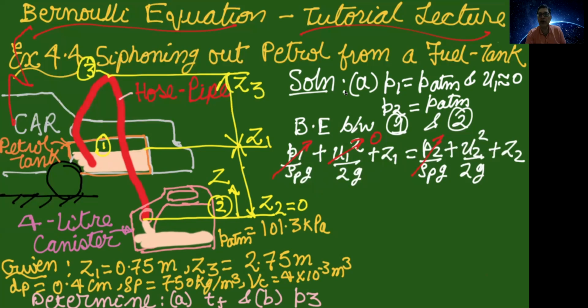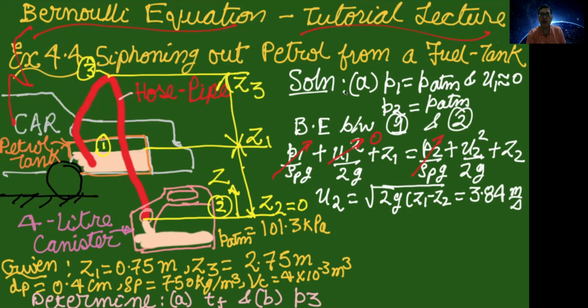And to calculate U2, you get a formula from this equation that U2 is equal to square root of 2g (Z1 minus Z2) as shown here. And once you substitute Z1 equal to 0.75 meter and Z2 equal to 0, then you get U2 equal to 3.84 meter per second.